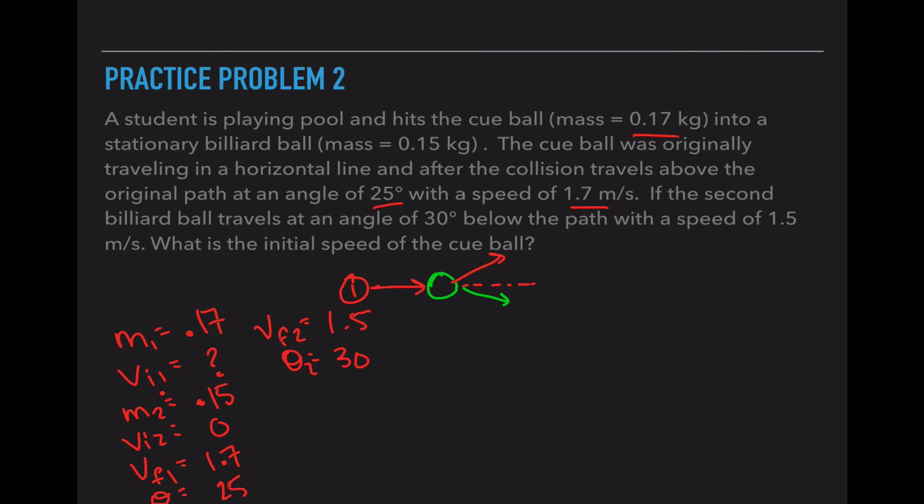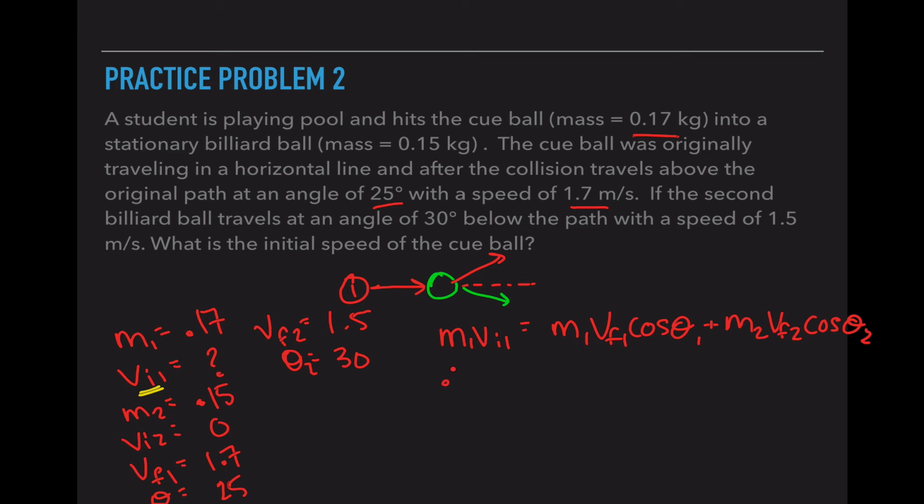So since we're solving for the initial velocity, we have to use the momentum in the x direction, because that is the only one that has the initial velocity in the equation. So m1 vi1 equals m1 vf1 cosine theta 1, because x direction is the direction we care about, plus m2 vf2 cosine theta 2.